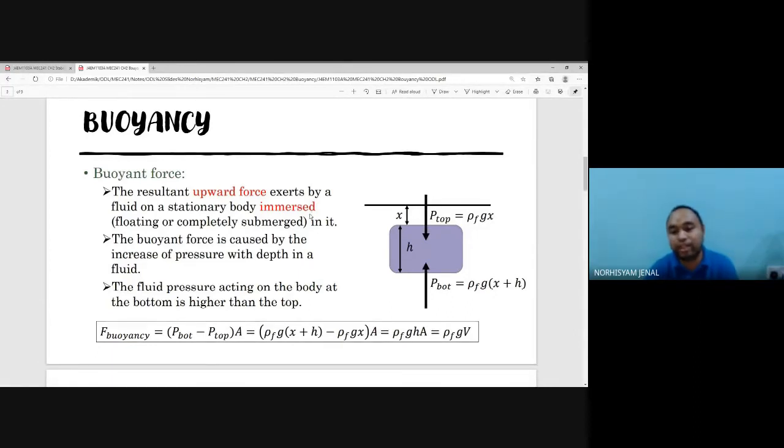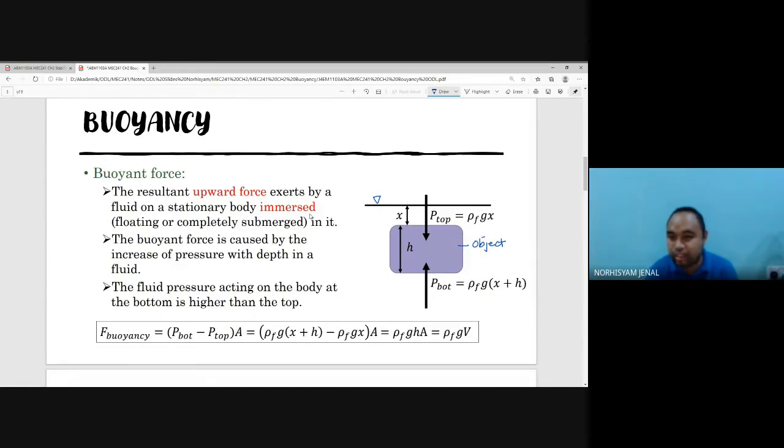Here we will understand the idea from this picture, why there is an upward force from the bottom. Assuming this is the surface of a liquid, we have pressure from the top acting on the object. So P top is equal to rho F G x, because this is just the depth that we have at this moment.